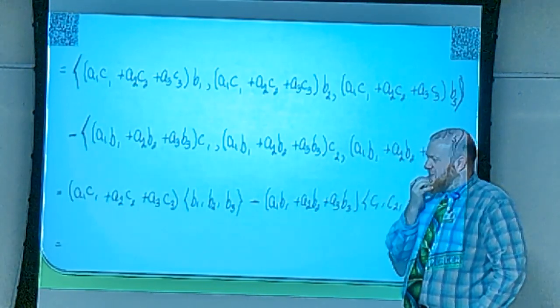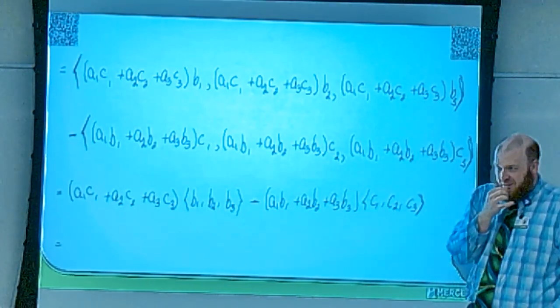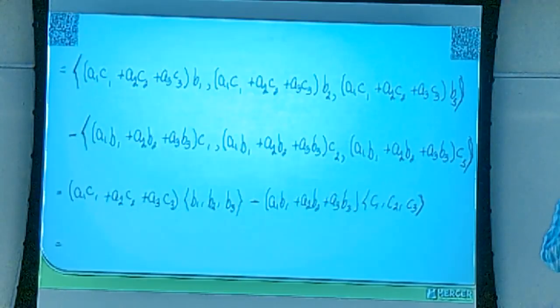What's A1, A2, A3? Isn't that vector A? What's C1, C2, C3? Not A times C. Be more specific. A cross C? Cross product gives you a vector. It's A dot C. Okay.